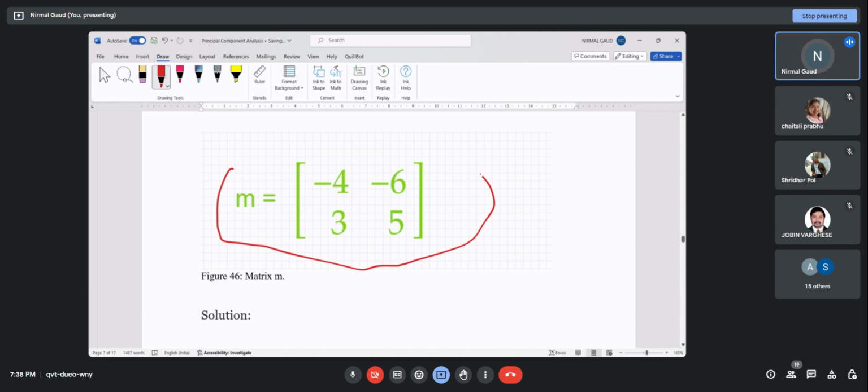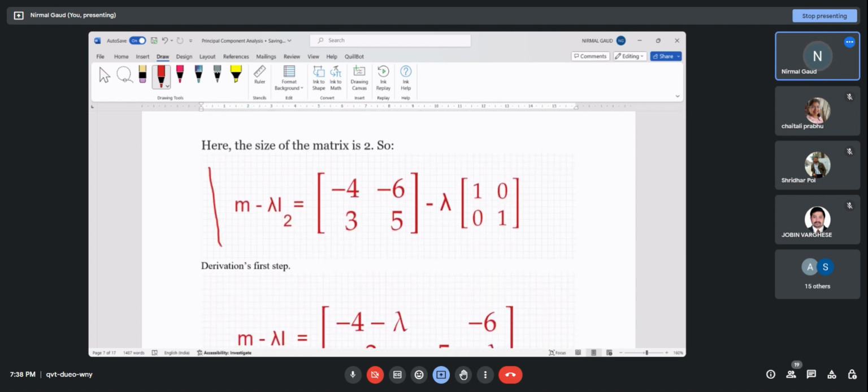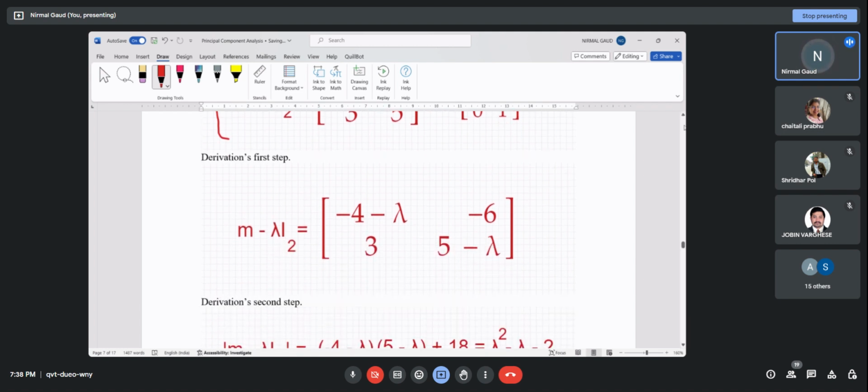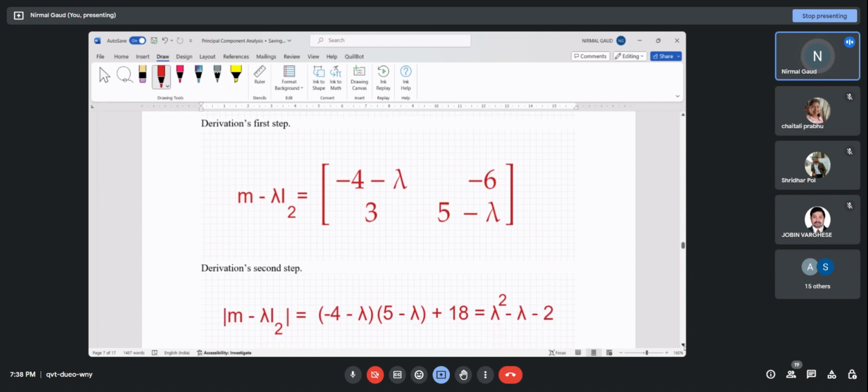Let us consider this as a square matrix: minus 4, minus 6, 3, 5. Then you are going to solve the characteristic equation. I hope you remember this. We need to find A minus lambda I. So this is your matrix, this is your identity, and this is your lambda, a scalar value. Multiply it inside, subtract it from this matrix, and you get this as a result.